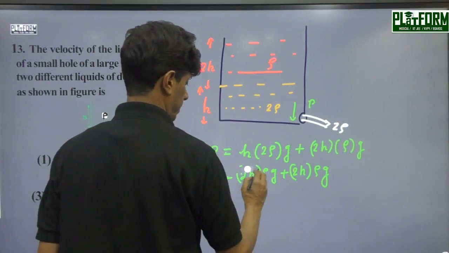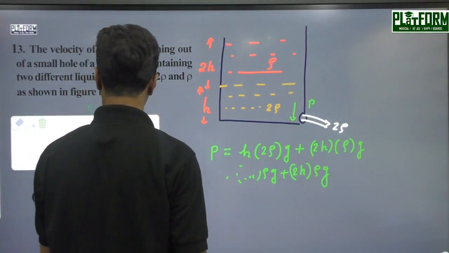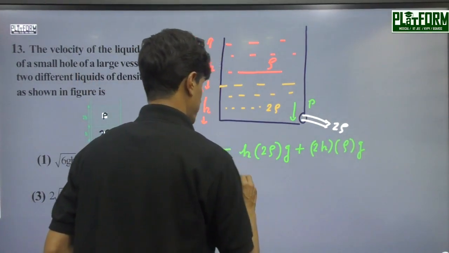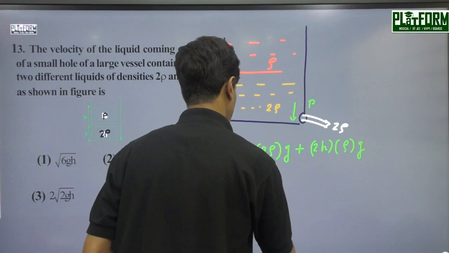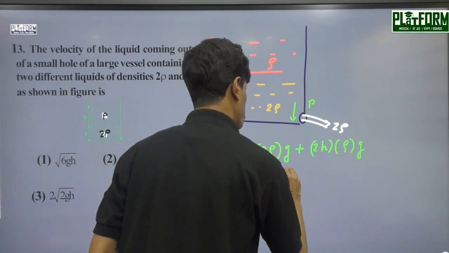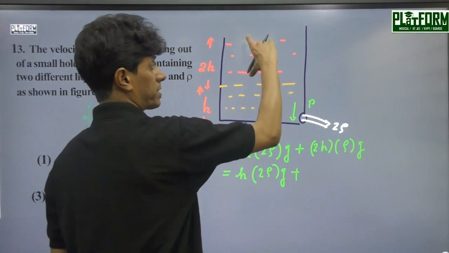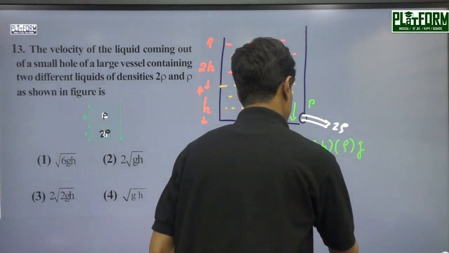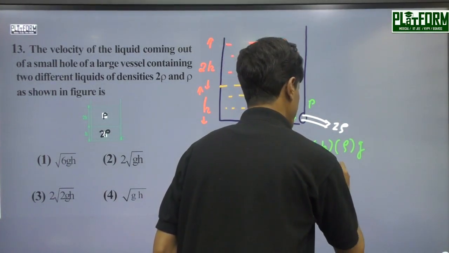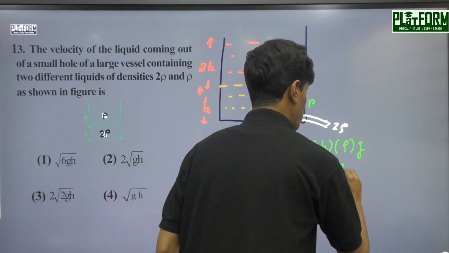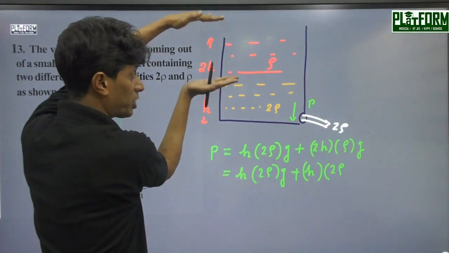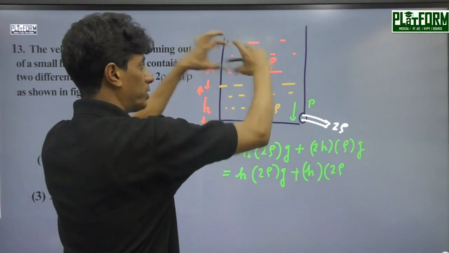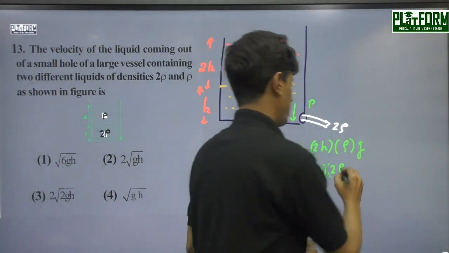Better to convert the liquid of density rho into density 2 rho. So the height of the liquid is h and density becomes 2 rho, but the height becomes h, though it is given 2h, because when we consider the density of the liquid as 2 rho, the height is half, that is h.